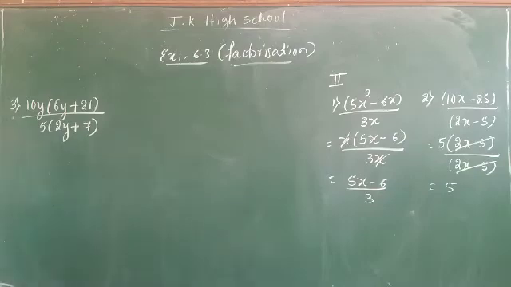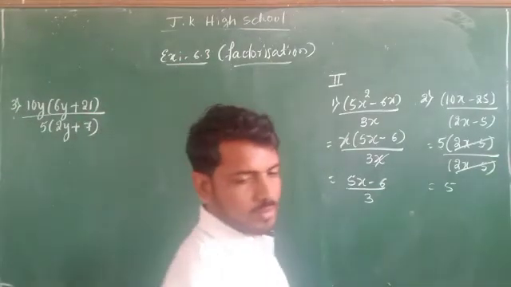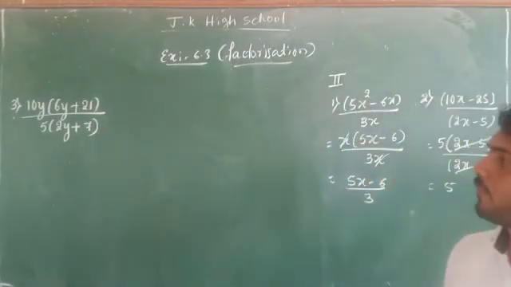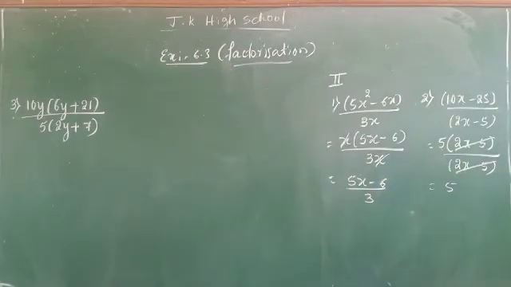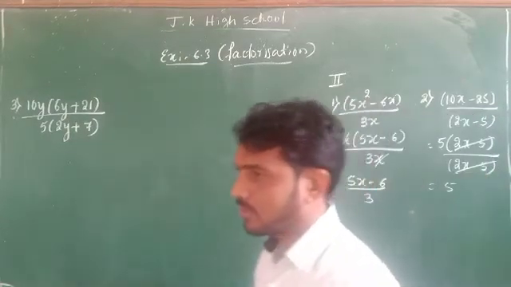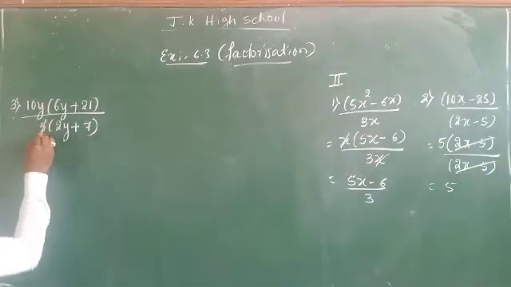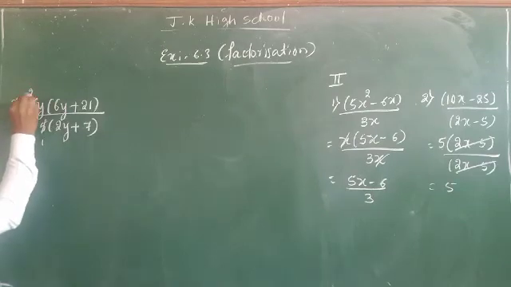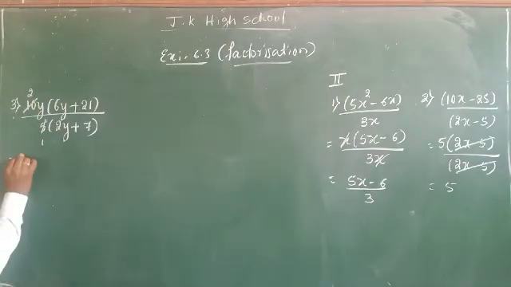First, check out the question. In the numerator 10y into 6y plus 21 is there, and in the denominator 5 into 2y plus 7 is there. First we cancel 5 together. 5 ones are 5, 5 twos are 10. So 2y. Next term, 6y and 21 are there.